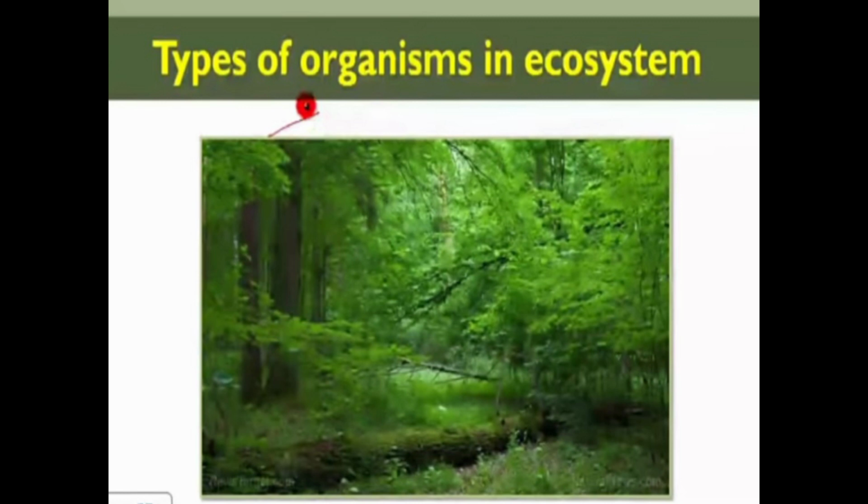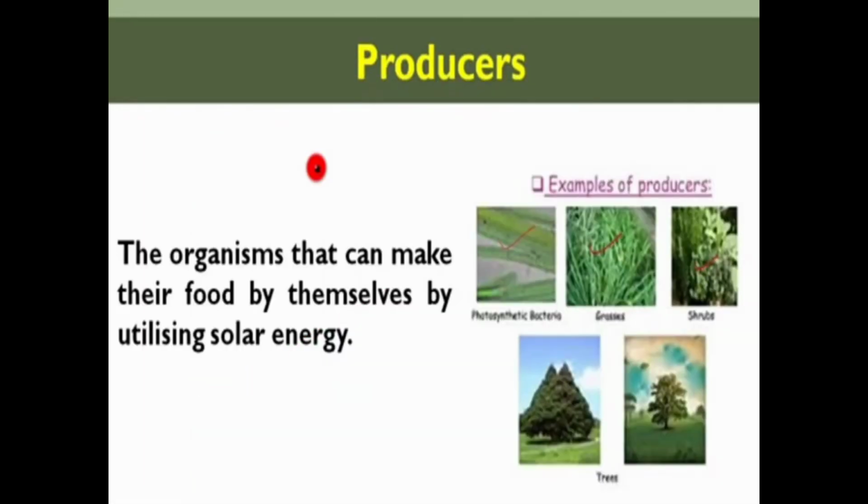Now, types of organisms in an ecosystem. What type of organisms are there in an ecosystem? Here we have taken the figure of a natural ecosystem, that is of a forest. Now, what type of organisms live in this type of ecosystem? That we will see. First is producers. Producers are the organisms that can make their own food by themselves by utilizing the solar energy, that is by the process of photosynthesis.